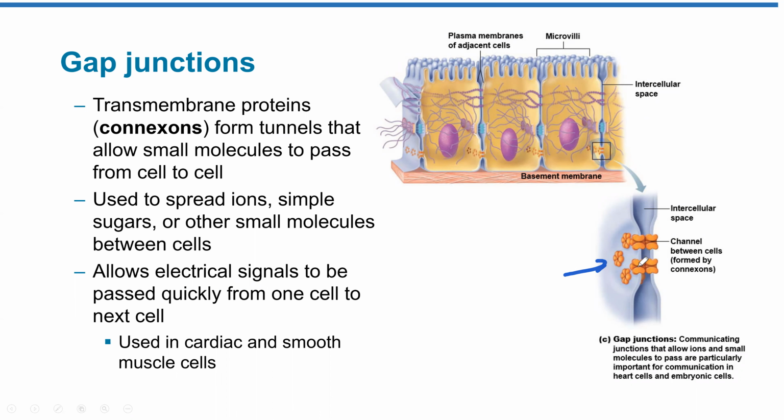So here you can see proteins that form channels, allowing molecules to move from one cell to another cell. Gap junctions, communicating junctions that allow ions and small molecules to pass, are particularly important for communication in heart cells and embryonic cells.